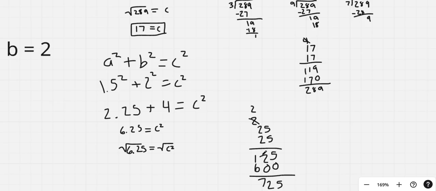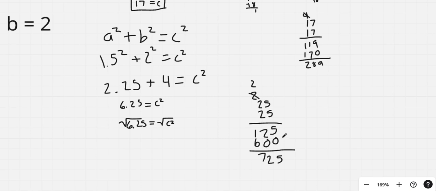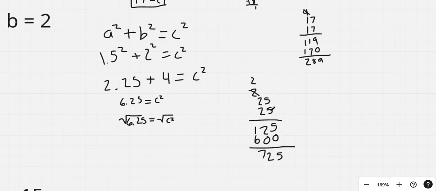Let's check our math. 5 times 5 is 25. Write our 5, carry the 2. 5 times 2 is 10, plus 2 is 12. Okay, got that? 2 times 5 is 10. Write our 0.